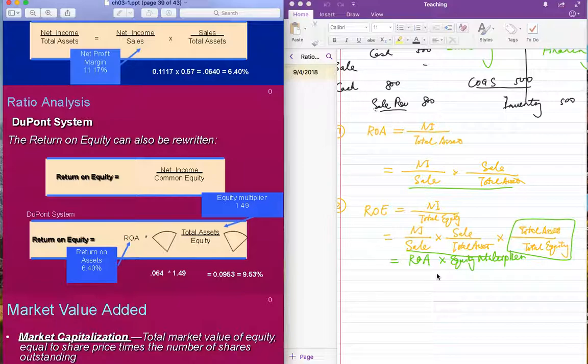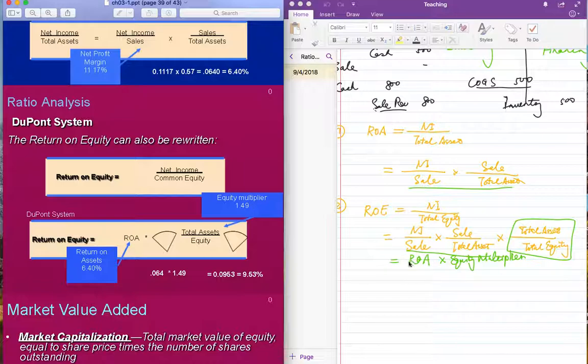The manager's goal is to maximize equity holders' interest. Equity holders always want this return on equity to be high. So the CEO and CFO's role is to maximize ROE. So they try to maximize ROA and/or the equity multiplier.